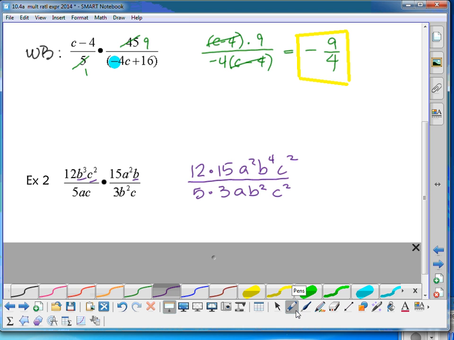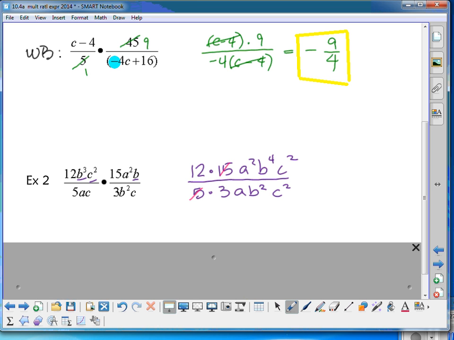All right, so first let's look at the numbers. Do you guys see anything I can reduce? If I'm just looking at my numbers up front there. Does 5 go into 15? Yes, it does. 3 times. Does 3 go into 12? 4 times. Or you could have actually just crossed out the 3's too, I guess.